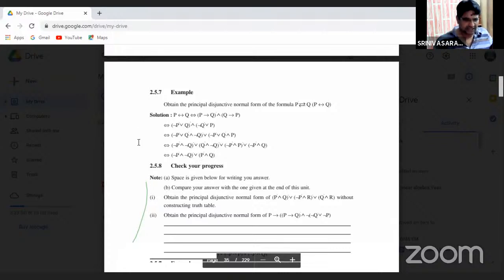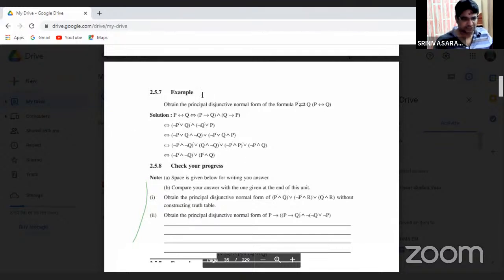Now, for the 2 variables, all the results you have to observe. We are getting the 4 expressions with respect to P and Q: P and Q, P or Q, negation P or Q, negation P or negation Q. That is the conjunction of the disjunctions. Okay, that's enough.